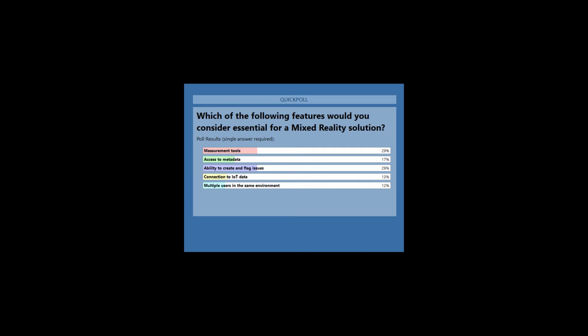So how about the multiple users in the same environment, for example? I know you guys are working on that. Yeah, it's a prototype we built. That's why I was wanting to ask about that. We do have the ability, but it's not in the demo I just showed. So not just stream what I'm seeing, but if you have multiple people with a HoloLens in different locations, we can all log into a shared session.